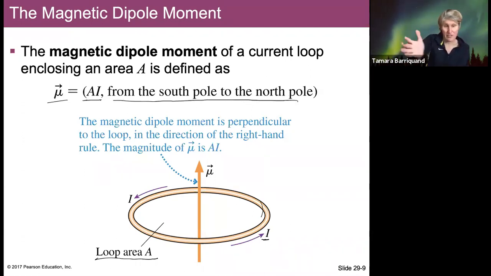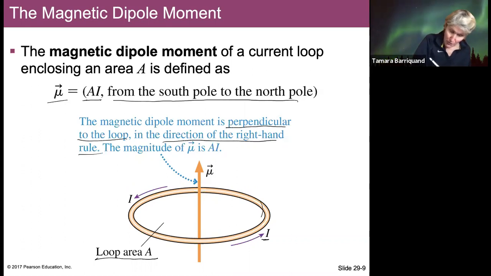If we take our fingers and follow them around the loop, it will point in the direction of our magnetic dipole moment, which points in the same direction as our magnetic field that is going through the loop. So the magnetic dipole moment is going to be perpendicular to the loop in the direction of the right-hand rule, where the magnitude of mu is going to be A times I.